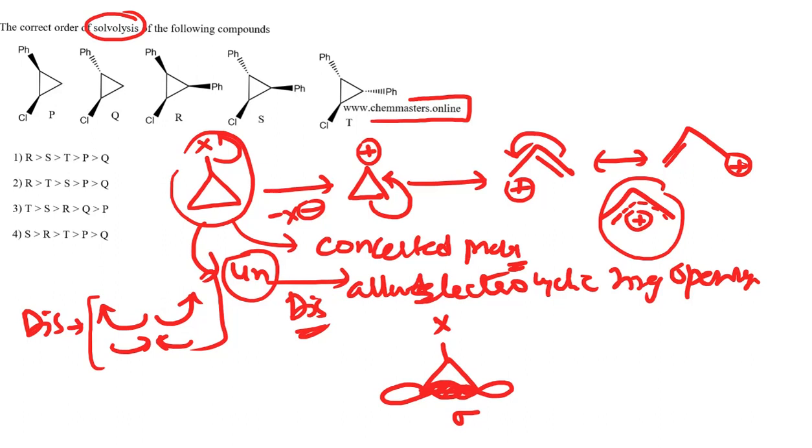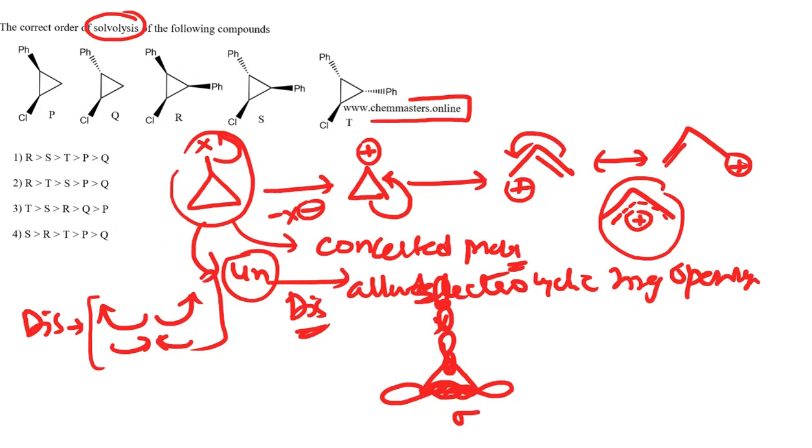Now here we have the bond between carbon and halogen. So just draw the shaded lobe at the bottom end.